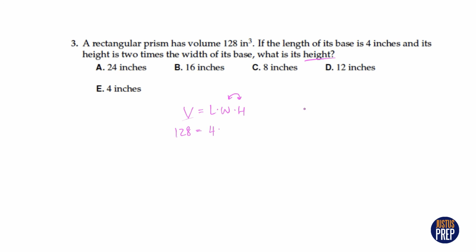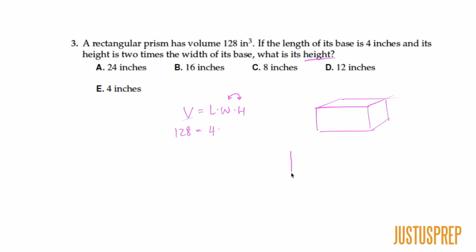So the first thing we can do is draw this out. So I could draw a rectangular prism like this. It's a box basically. But what we want to do is draw one to scale. So the length of its base is 4 and the height is 2 times the width. So let's make height 2 times the width, and let's just say the width is here.